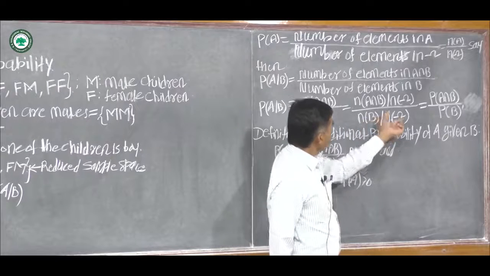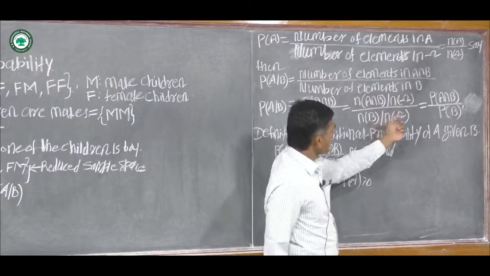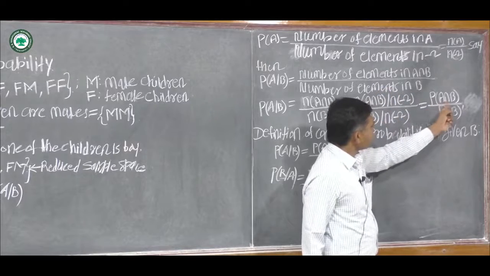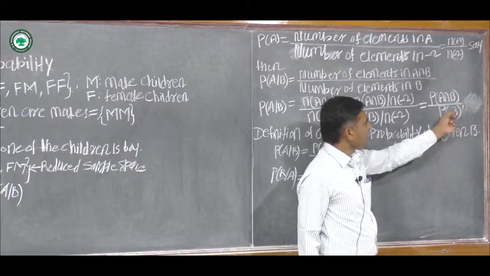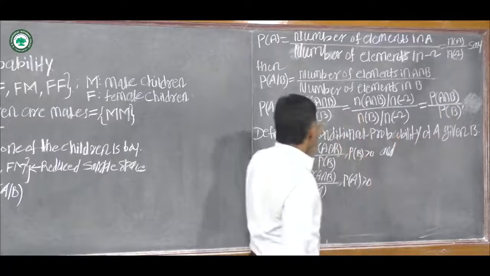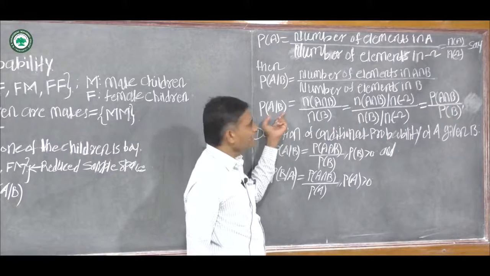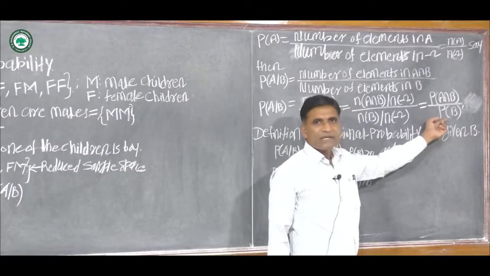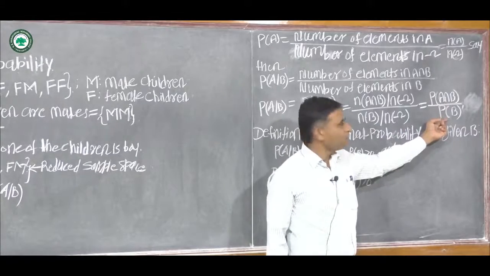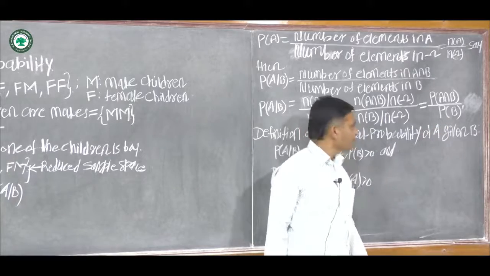Then this gives the probability of A intersection B upon the probability of B. This is the conditional probability of A given B. Here the probability of event B is greater than 0.